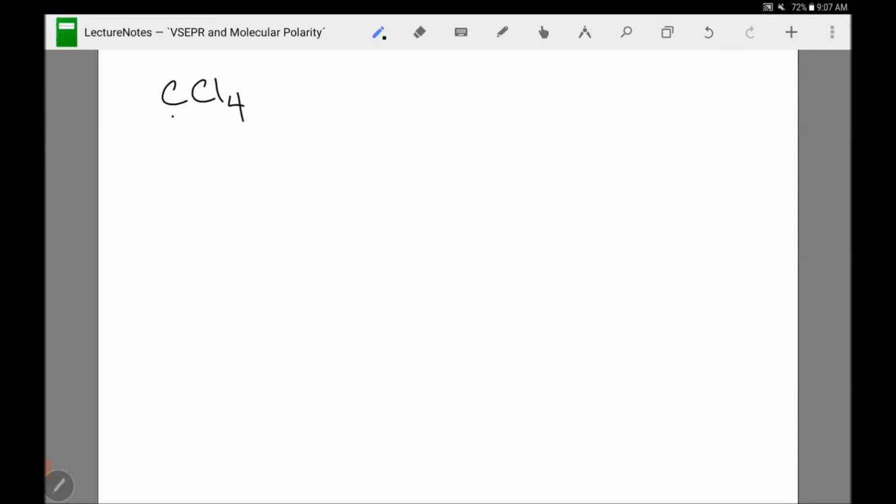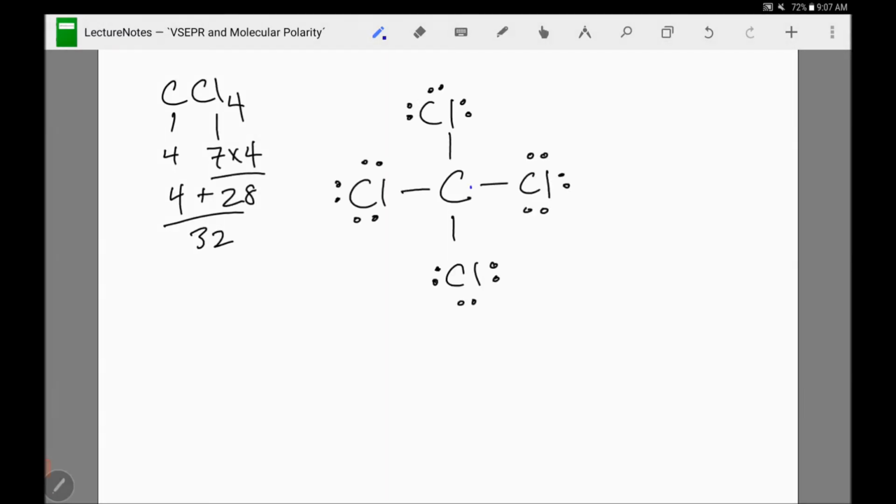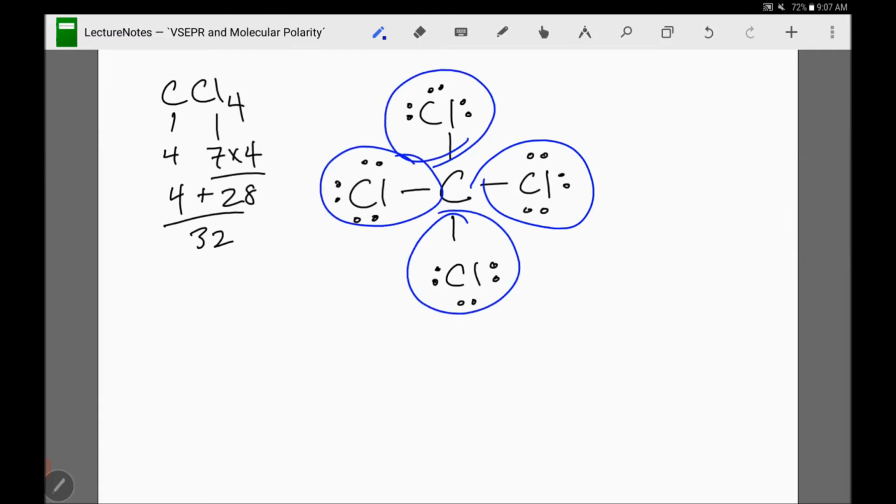Let's look at carbon tetrachloride. Carbon tetrachloride has 4 sigma bonds and 0 lone pairs. So the steric number here is 4.